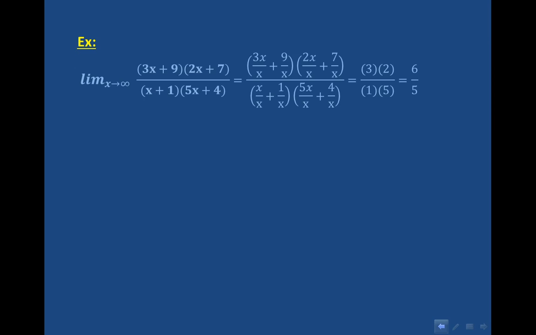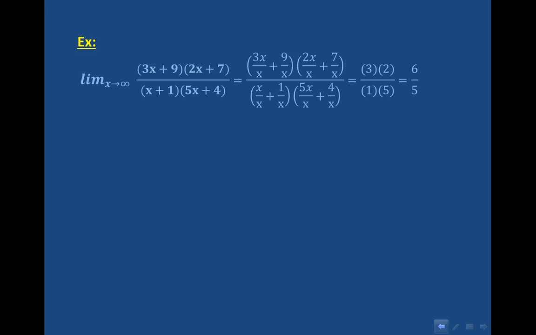Here, in this problem, both the numerator and the denominator are not polynomial functions. They are written as two brackets. You can find the limit when x tends to infinity without simplifying this expression. How can I find this limit?